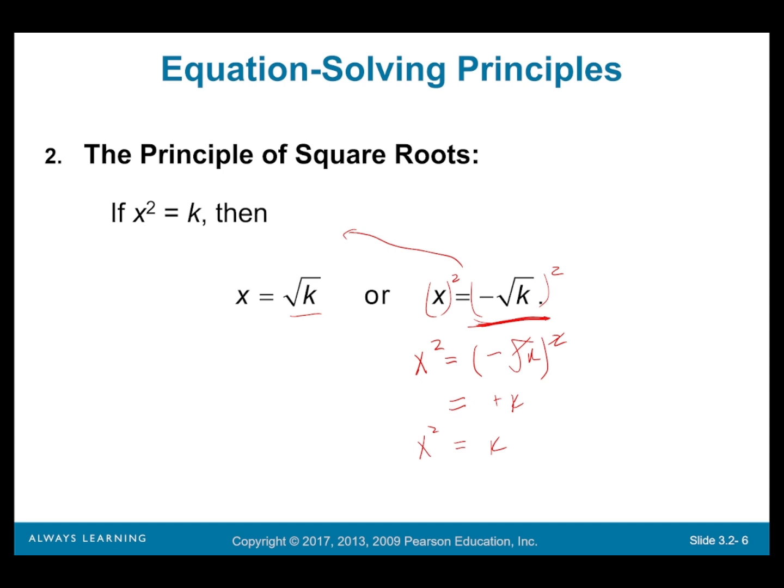And unless we write down that it could be the positive root k or the negative root k that squares to positive k, we could lose a solution in there. So you're going to see a lot more often now where we write x equals plus or minus the square root of k. And when you see that plus minus on top of each other, that means plus or minus.